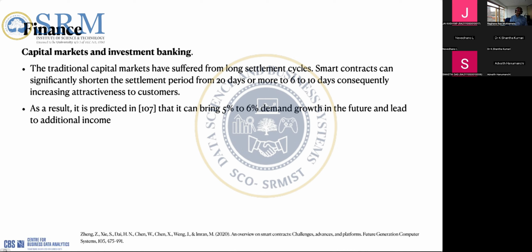So you will try to automate all the repeated processes, which can be easily expressed in terms of predefined rules. The expectation is that processing times can reduce from 20 days to 6 days or something like that, which is a pretty big jump in the financial industry.